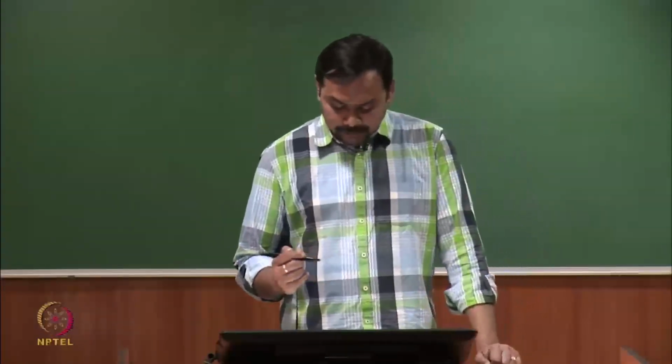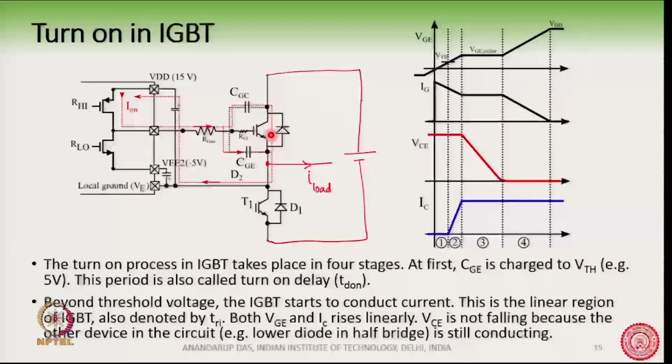Now, beyond this threshold voltage, what happens? The IGBT starts to conduct current, and this region is called the linear region of the IGBT. Why is it called linear region? Because both VGE as well as IC will rise linearly during stage 2.